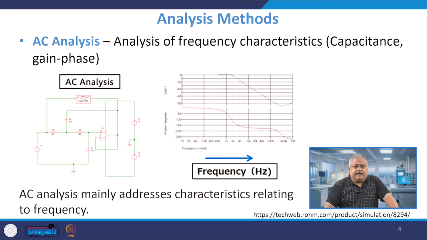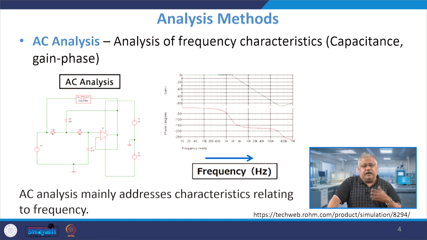Let us now come to the AC analysis. AC will obviously have the frequency as the changing or variable parameter, and obviously the peak to peak voltage of the input signal will also be a variable parameter. As I change the frequency, let me see how the gain changes, let me see how the phase changes. That is what is done in the AC analysis.